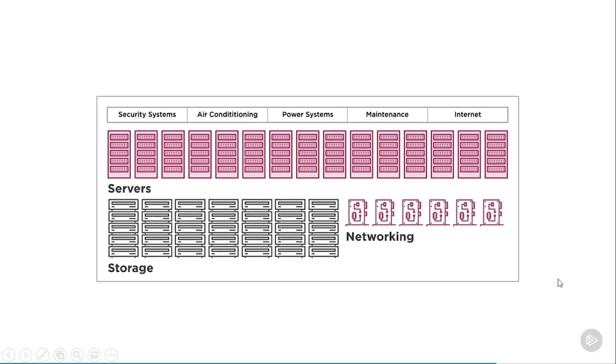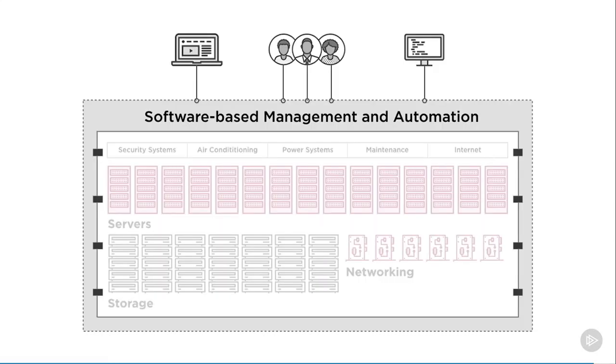Without cloud, this is how it looks. And this we had even before cloud computing. It's not like it came with cloud computing as a new feature. We have had thousands and thousands of data centers since the 1940s. What transforms this into cloud computing is the additional layer of software-based management and automation.